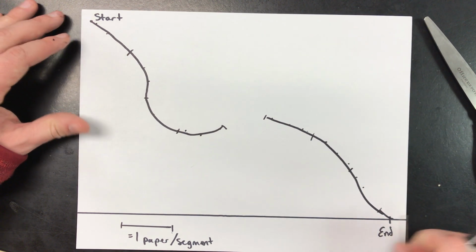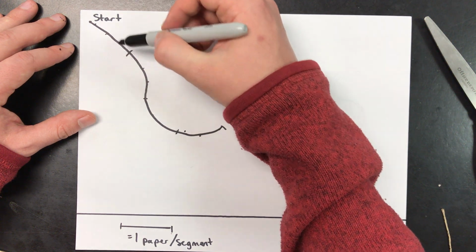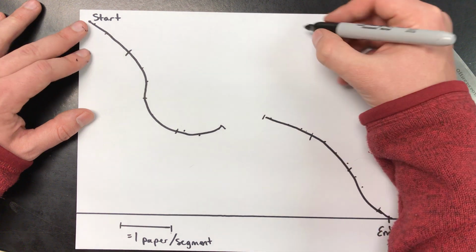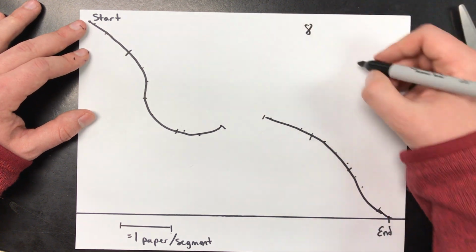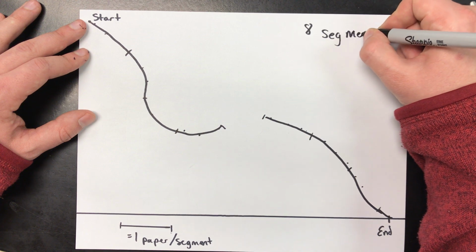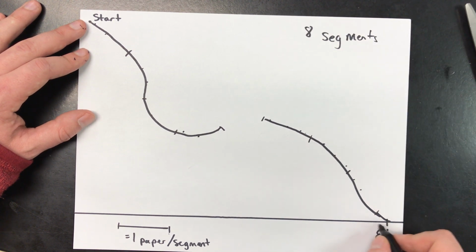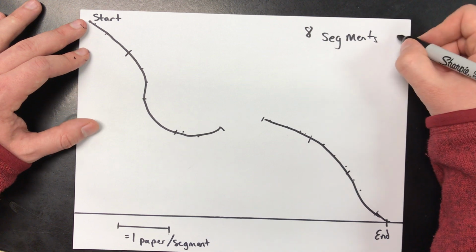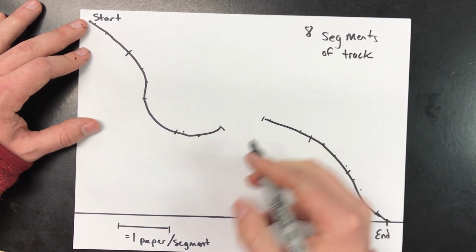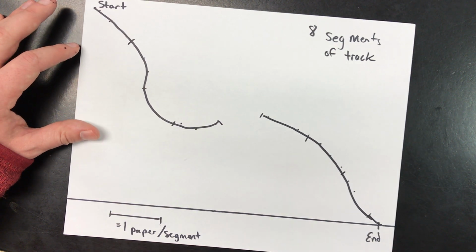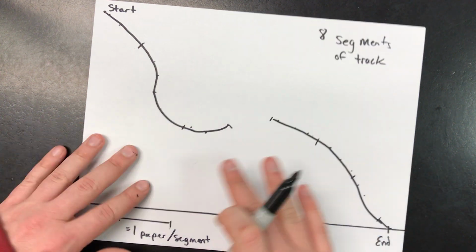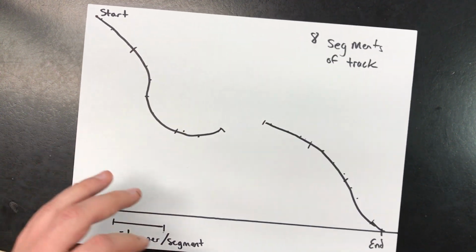Okay, so now I can see that I have 1, 2, 3, 4, 5, 6, 7, 8 segments of track. The final segment here is just very small. And then I'm going to figure out how much support I will need to hold up my track.